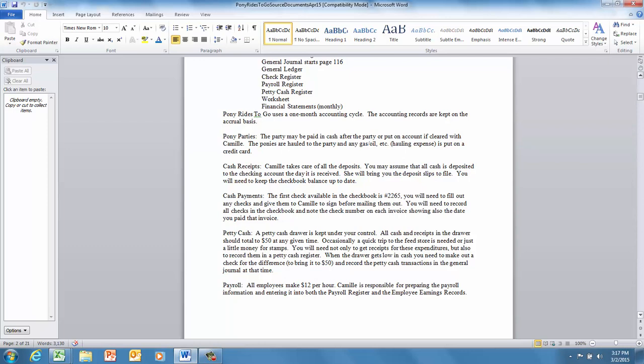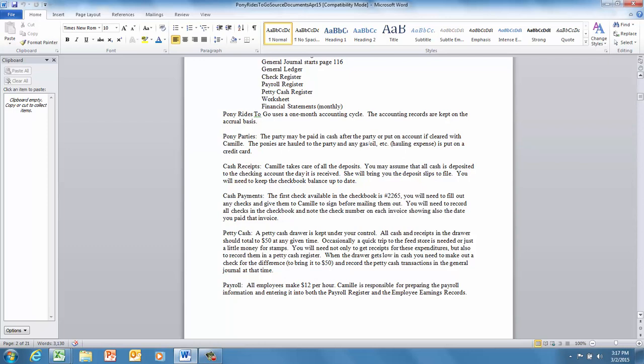As soon as we actually do the party, the money is due. And so if they don't have something already set up with Camille, they will need to give us the cash right then. And if they do have something set up with Camille, then she'll give them 30 days to pay, and they would go into accounts receivable.